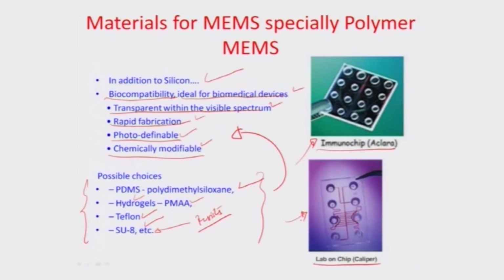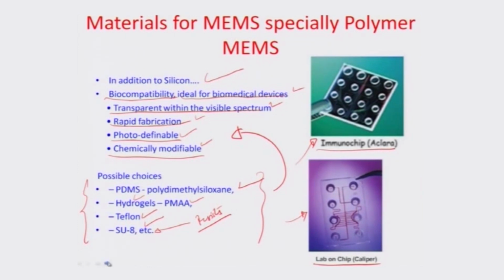These are commercially available, and they are totally made with optically transparent, photo definable polymer material, and they find great use and novelty for many biological diagnostics and detection modalities.